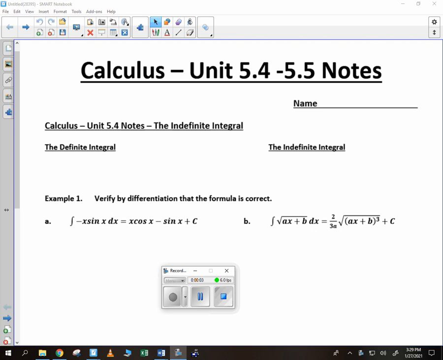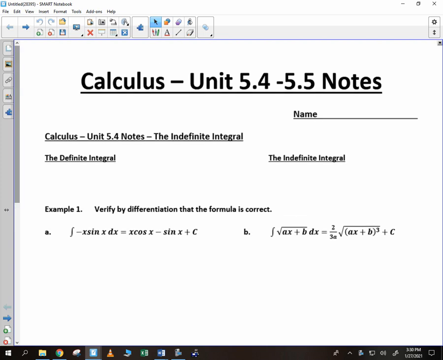All right, calculus students, here we are investigating the indefinite integral and the difference between an indefinite and a definite integral, if I can show you here for a second.